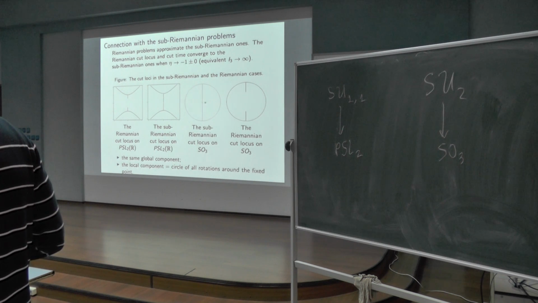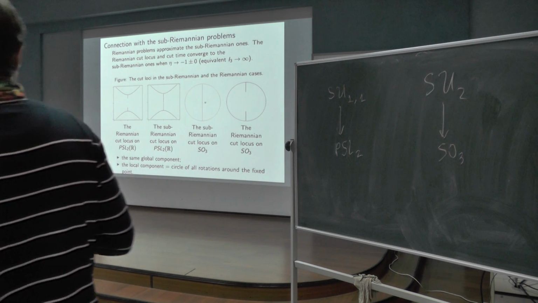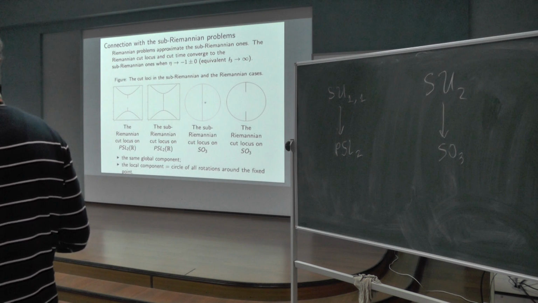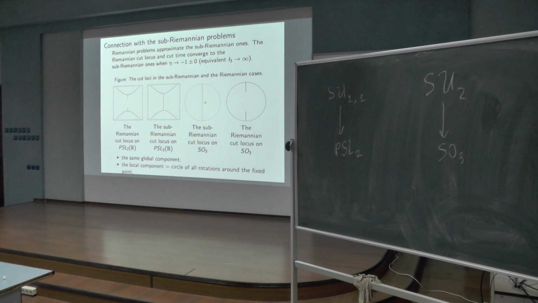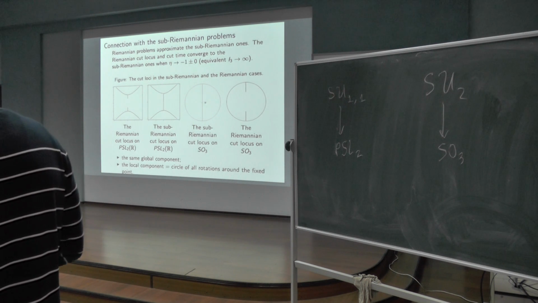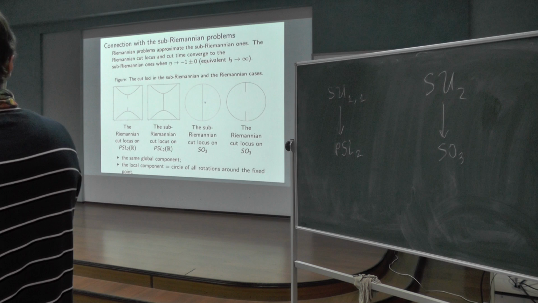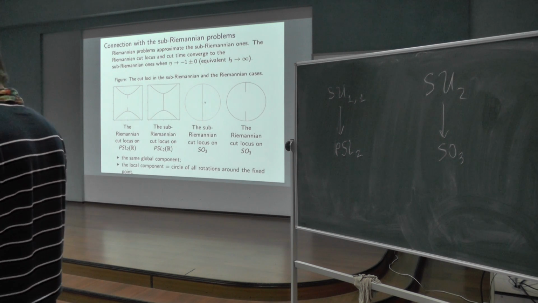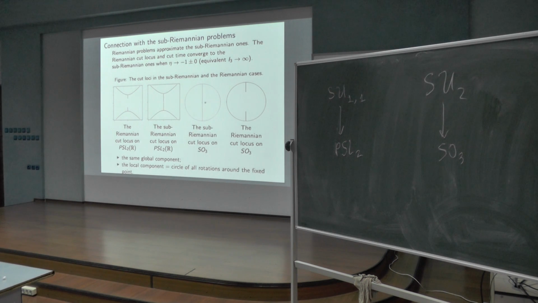And in the Riemannian problem, the global component of the cut locus has the same interpretation. It's the central symmetries, and the local component in the case of the Riemannian problem is a circle of all rotations around a fixed point.